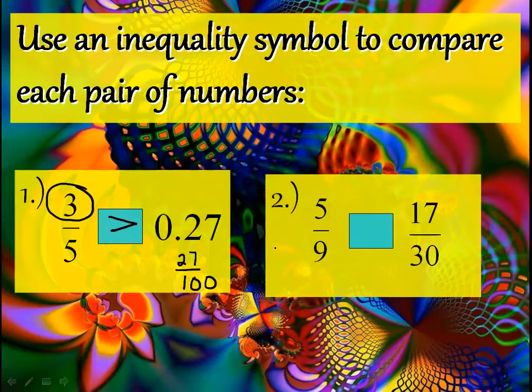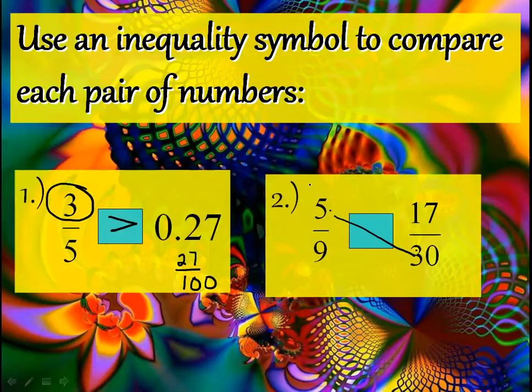For number 2, I have two fractions. And although I could divide 5 by 9 and change it into a decimal, and 17 divided by 30, changing that to a decimal, there's an easy way to always compare two fractions, and that's by finding their cross products. In other words, I'm going to multiply 5 times 30. So if we multiply 5 times 30, we get 150.